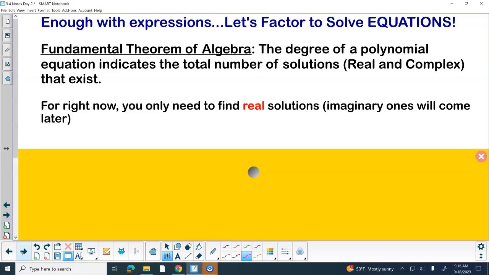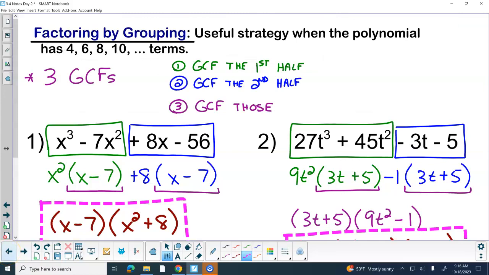The fundamental theorem of algebra says that the degree of a polynomial, anybody refresh my memory, what is the degree of a polynomial? It's the biggest, what's it called? Coefficient? Not coefficient. Exponent? Exponent. The biggest exponent. Okay? So the biggest exponent in our polynomial tells us how many solutions we need. Okay? So if I go back to the 3 examples that we've had so far, how many solutions would I need in number 2?